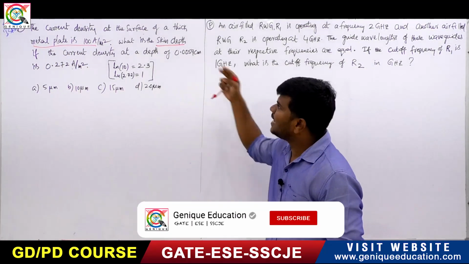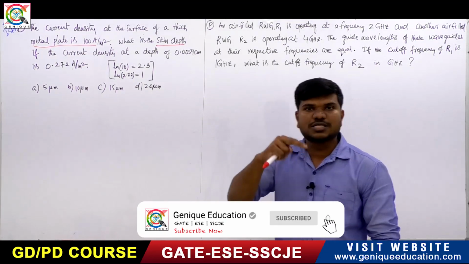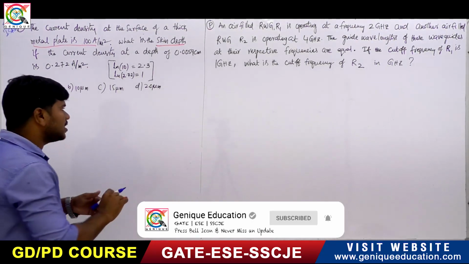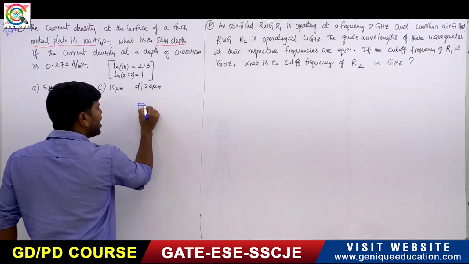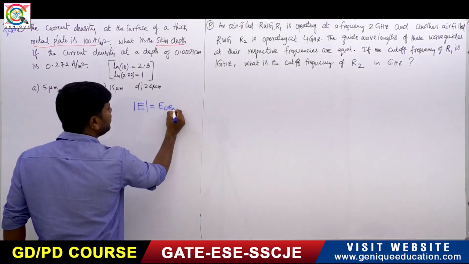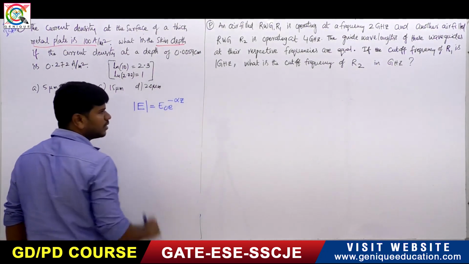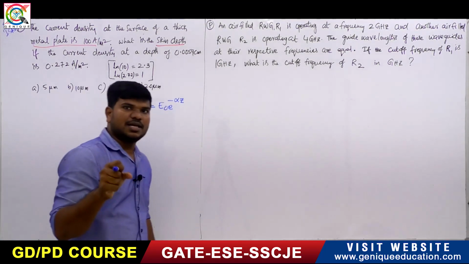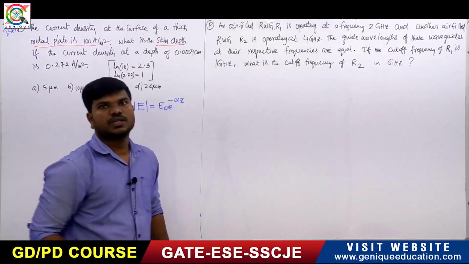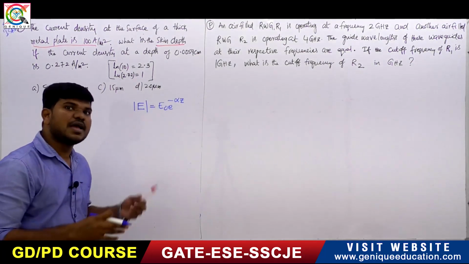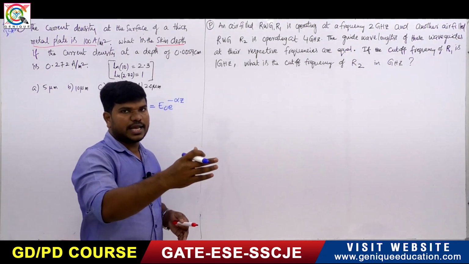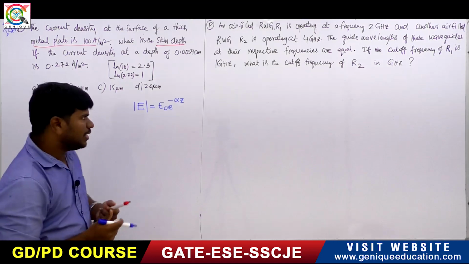We already know the skin depth concept in electromagnetic waves. The amplitude of the electromagnetic wave is E0 e^(-alpha z). The skin depth is the distance traveled by the wave at which the amplitude decays to 1 by e times its initial value.